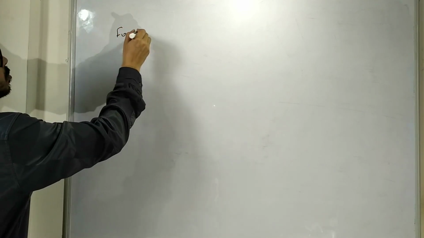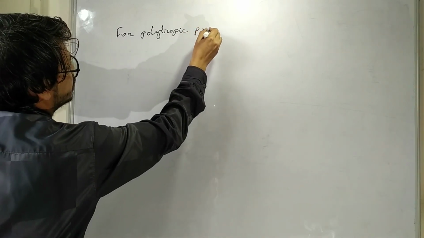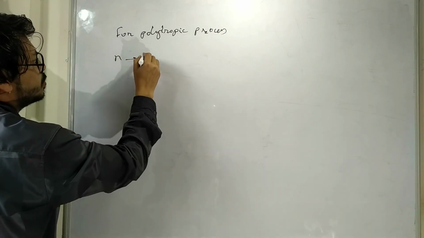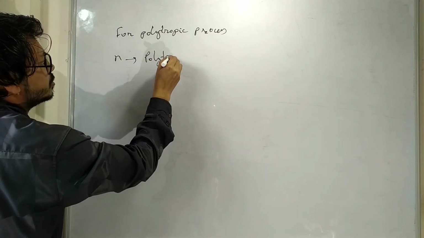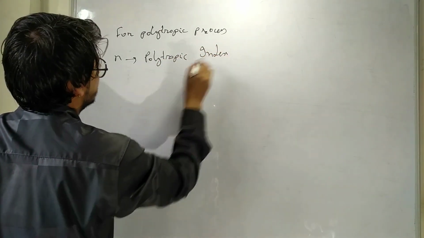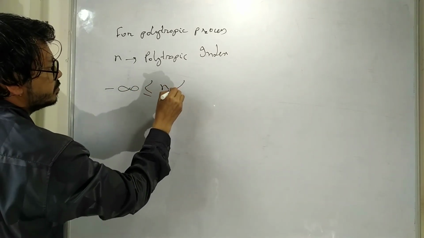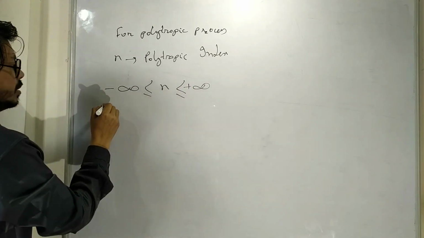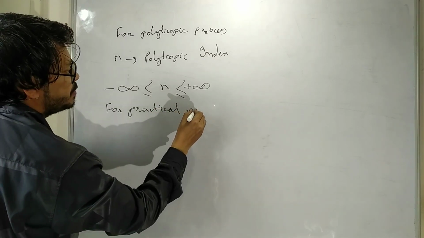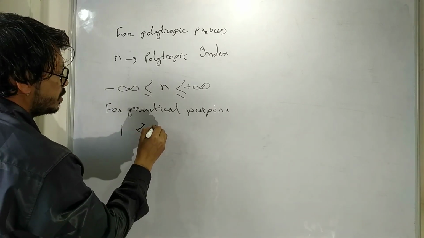For a polytropic process, n is the polytropic index, and its value lies between minus infinity and plus infinity. But for practical purposes, it is taken as 1 to gamma.